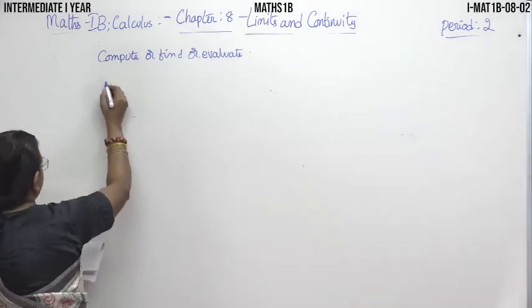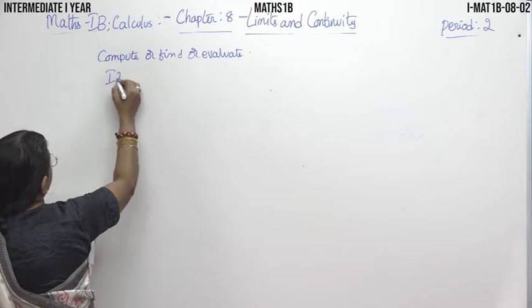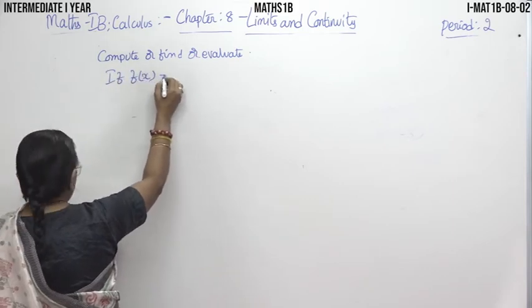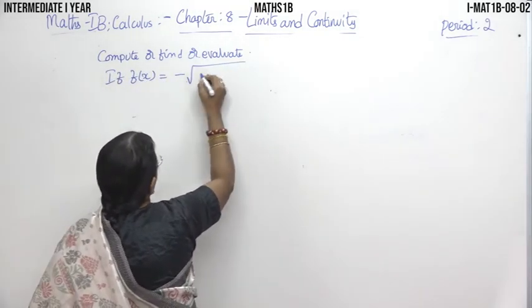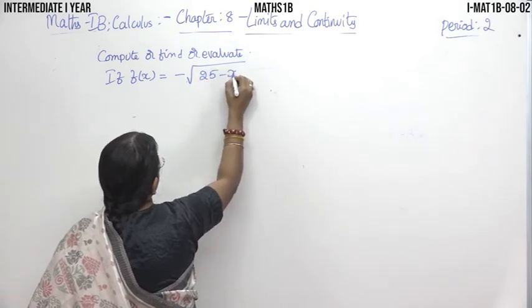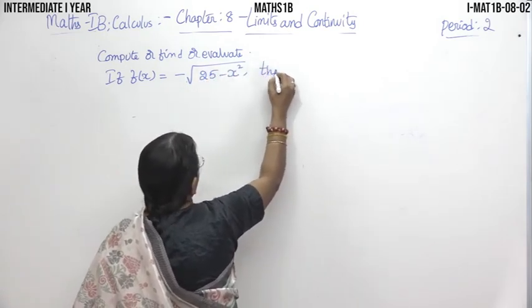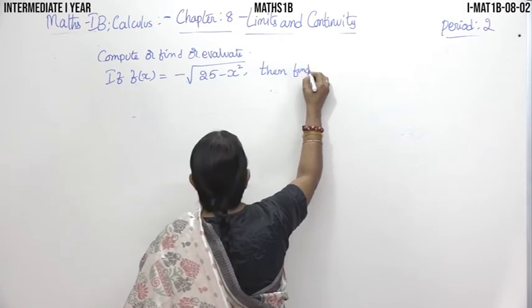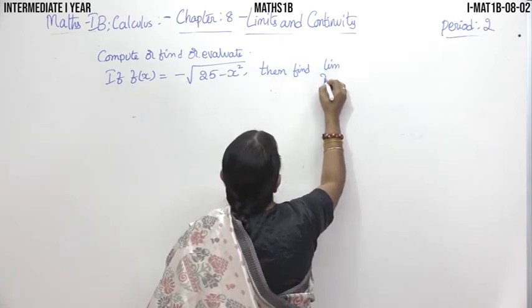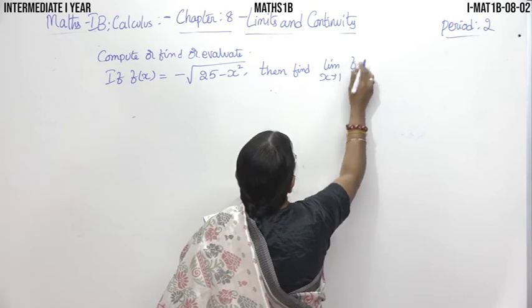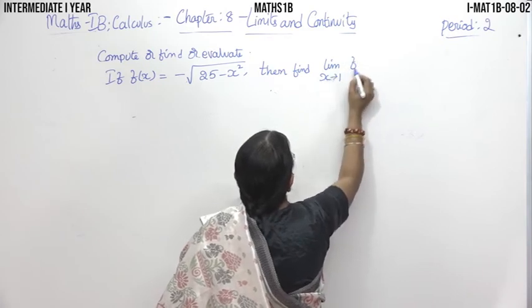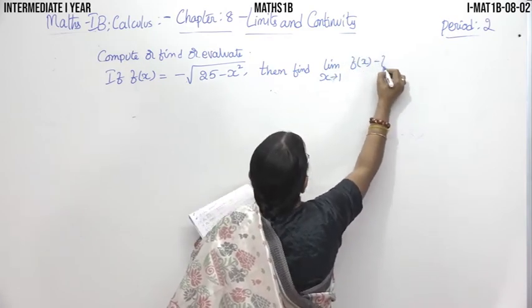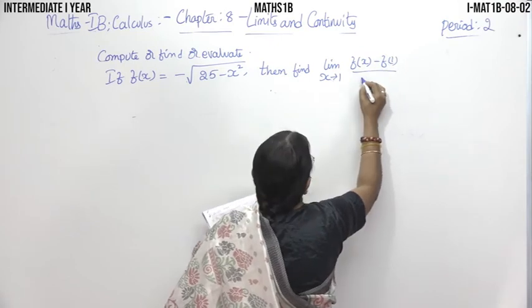problem. This is a very important problem. If f of x is equal to minus root of 25 minus x square, then find limit x tending to 1 of (f of x minus f of 1) by (x minus 1).